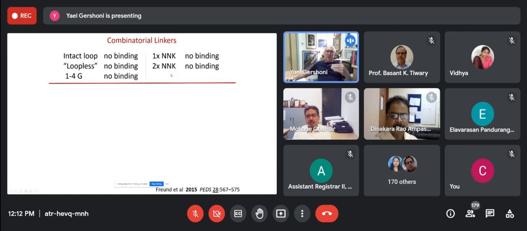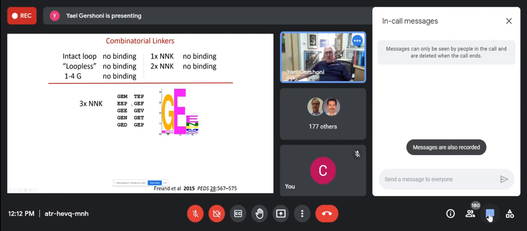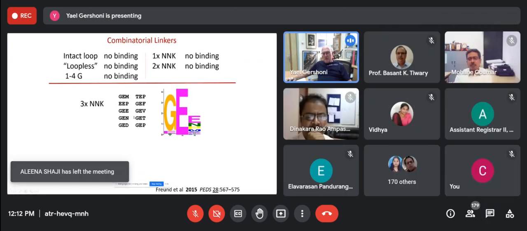However, we then went to libraries that contained 3 and 4 random linkers, and what we immediately discovered was here are a bunch of linkers that we see here, a lot of them, GEM, TEP, and so on.